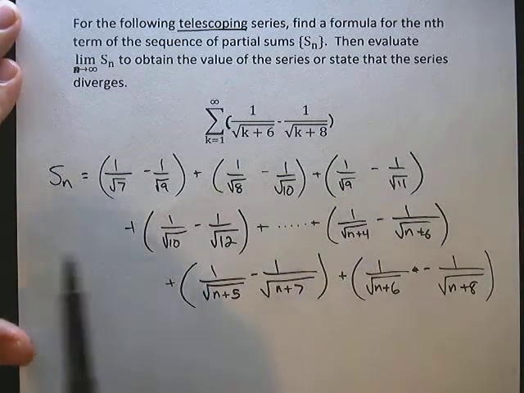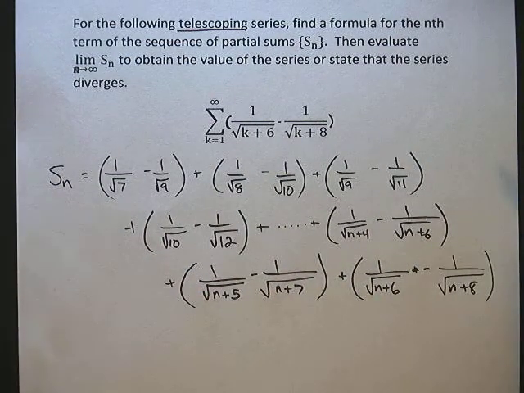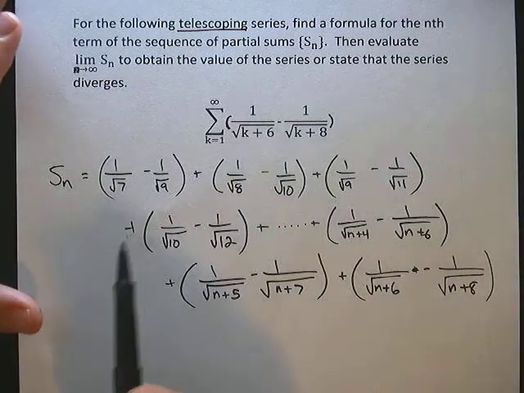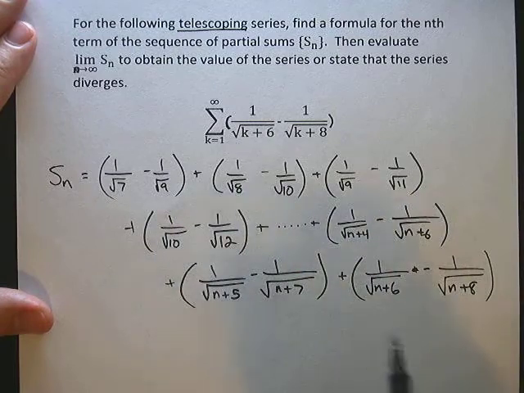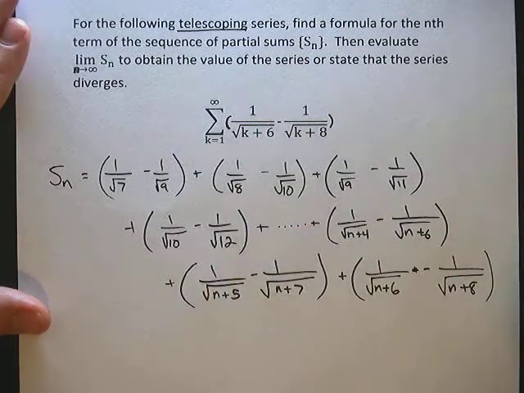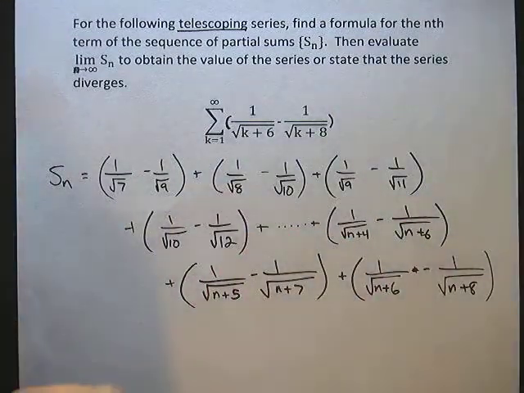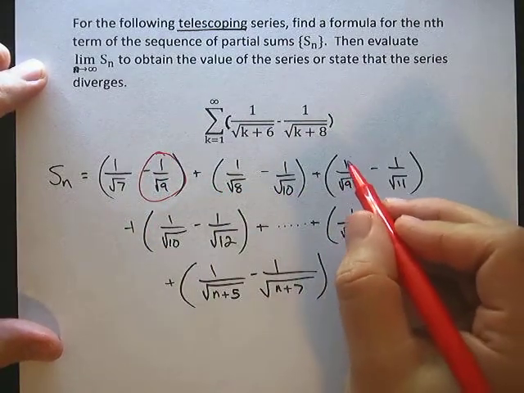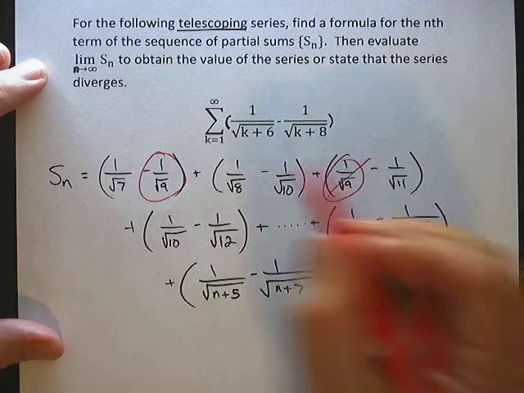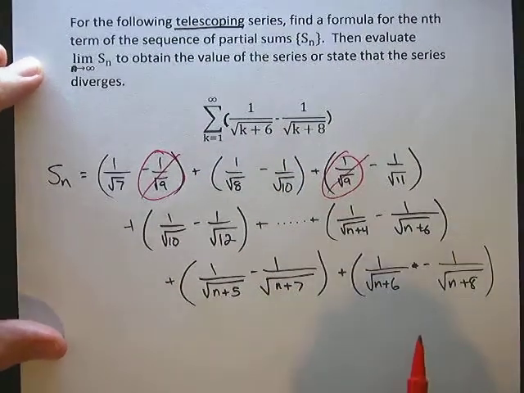Now we can look at some of these middle terms and see what they're doing. Does anything happen in terms of cancellation? We have a negative 1 over the square root of 9 here, and a positive 1 over the square root of 9 here, so those are going to cancel out.